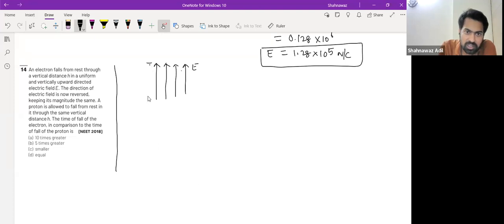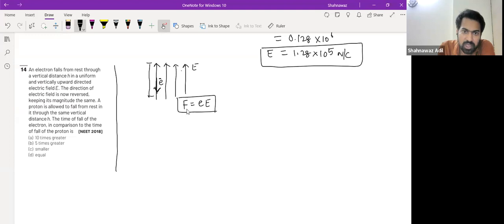So what would be the direction of the force? Downward, right? The electron is here, so it would be downward. And the magnitude would be simply eE, right?